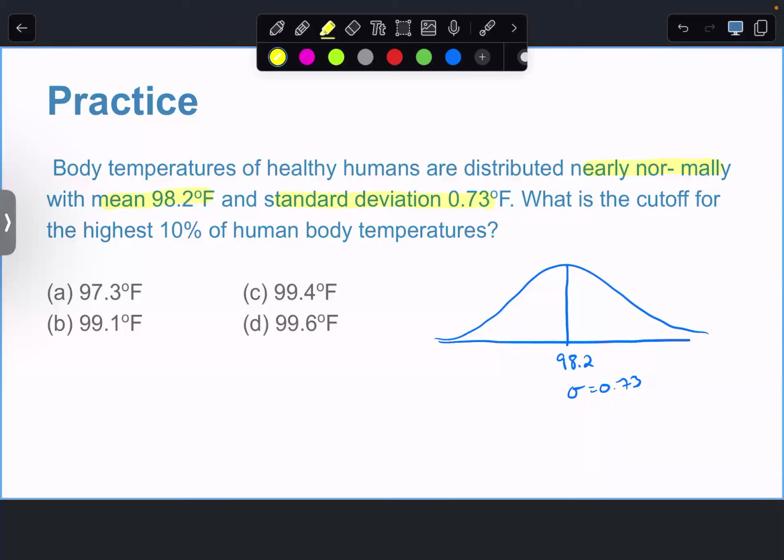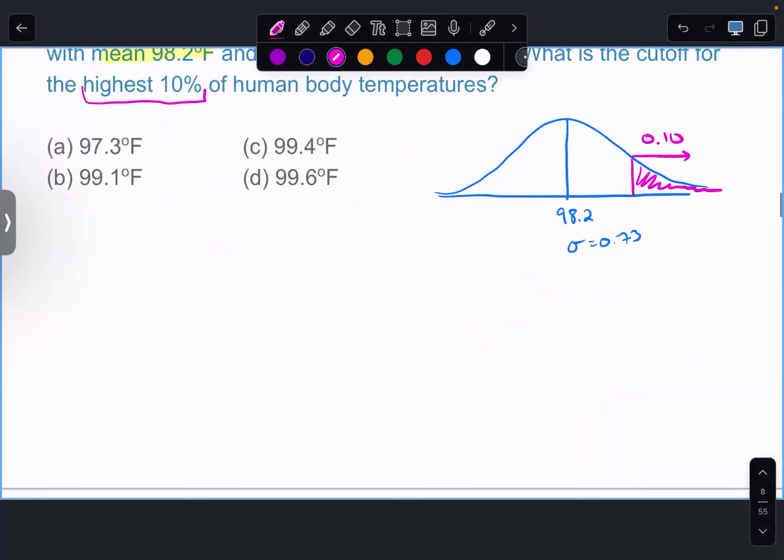What's the cutoff for the highest 10% of temperatures? The highest 10%. I'm going to force this area to be 0.1. And this is where I should have checked in and said, oh, okay, is it going to be positive or negative? But in this case, it's positive, so I'm kind of off the hook here when I use the table.